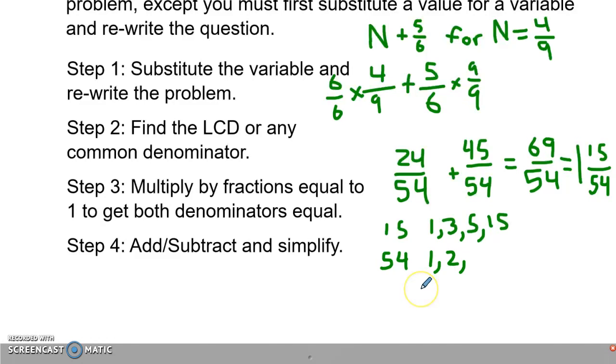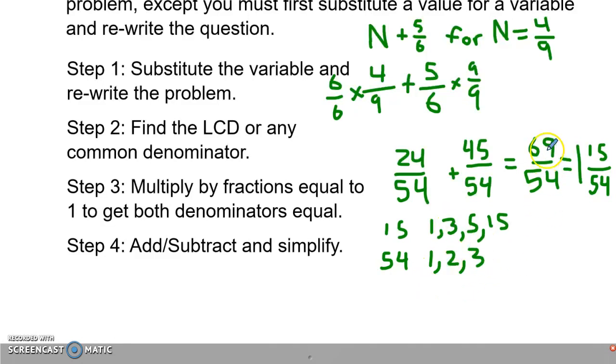What other factors does 54 have? Well, if we're looking for 3 times 20 is going to be 60. If I subtract 3, I'd get 57, and then I subtract another 3, that would be 54. So I know 3 is a factor of 54.